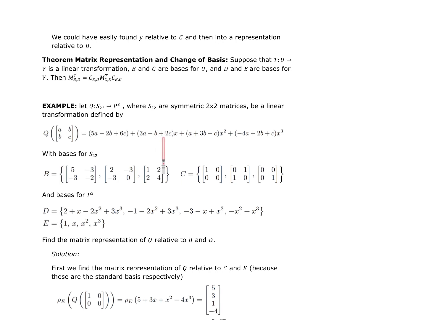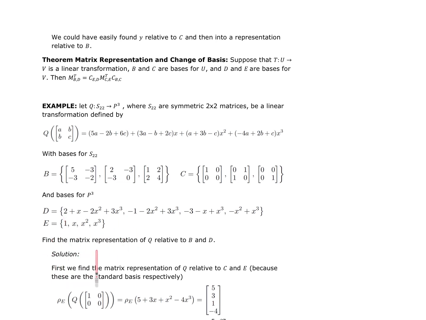So let's look at this example. We're looking at symmetric 2 by 2 matrices, with Q a linear transformation. This is how we're going to define it. Here's my basis 1, here's my basis 2 in symmetric 2 by 2 matrices. And they're giving me bases for P3, which is this basis and this basis.